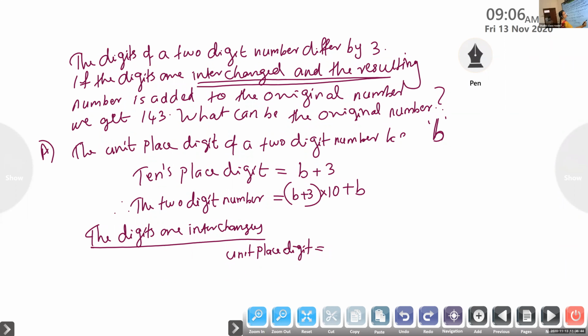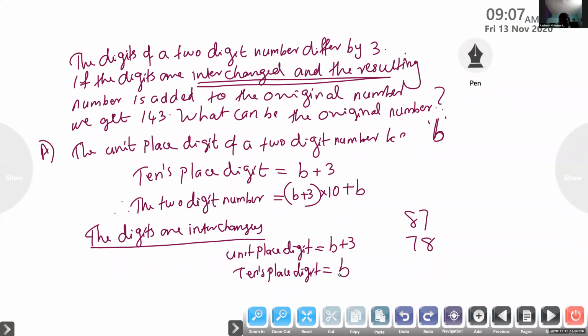If in 87 the digits are interchanged, what we will get? 78. So when the digits are interchanged, the unit place digit will be B plus 3. In the first case, B is the unit place and B plus 3 is the tens place. When interchanged, the unit place digit will be B plus 3 and the tens place digit is B.